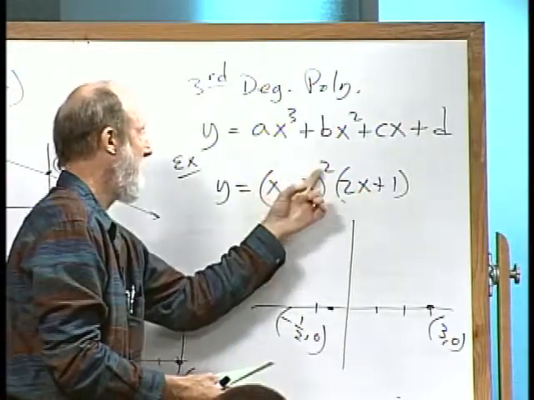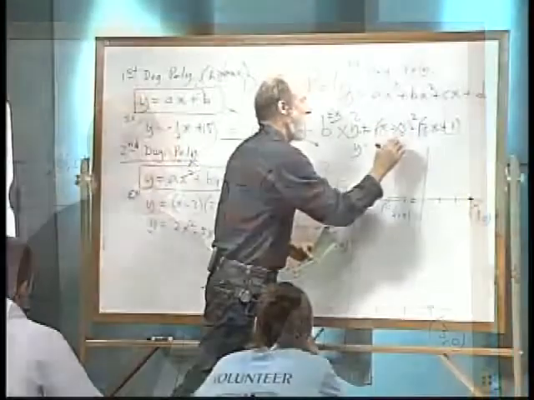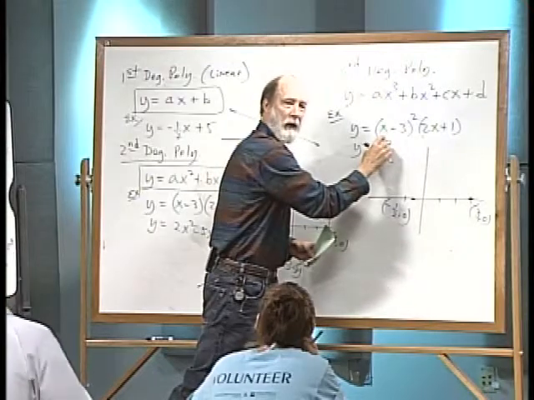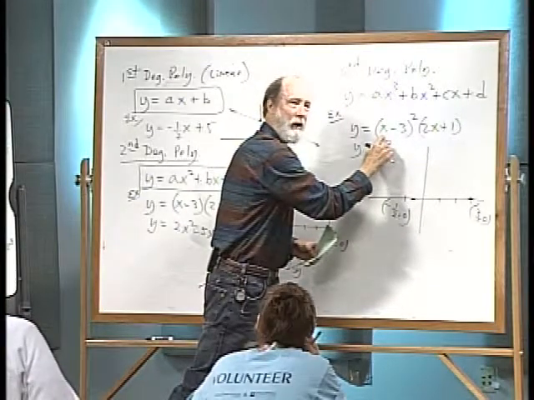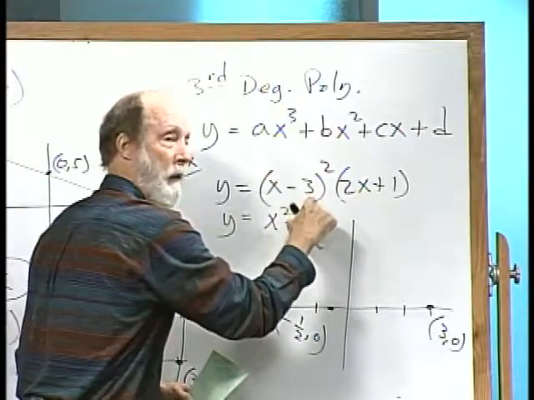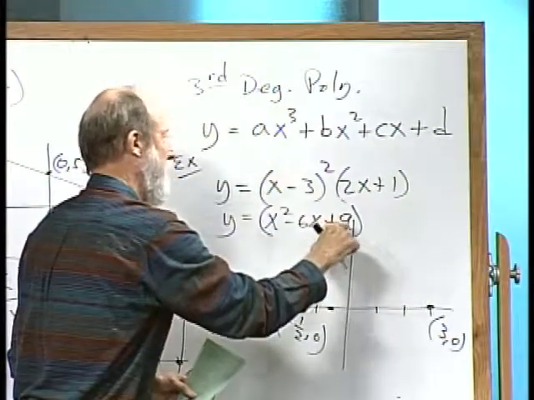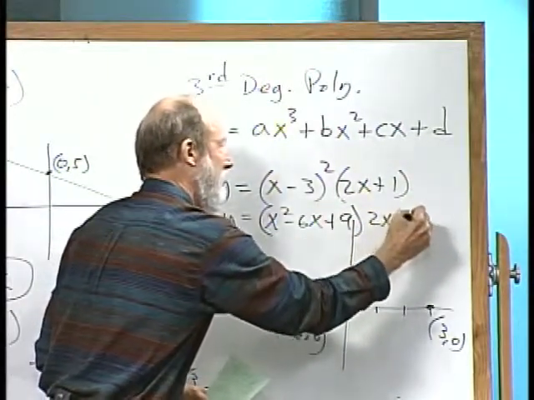When you see a binomial square, you square the first. You take the product of the terms, negative 3x, and do what? Double it, minus 6x, and then square this last term, plus 9. And that quadratic expression now is multiplied times this linear expression.